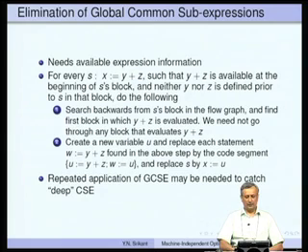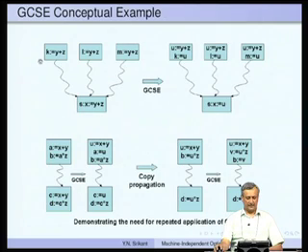So, what is global common subexpression elimination? Basically, we have expressions which are defined in various basic blocks of the program. Now, in a particular block such as this, for example, there is an expression y plus z.